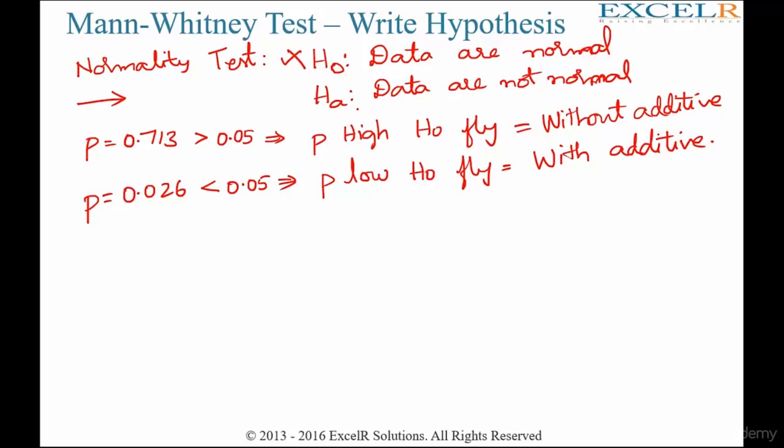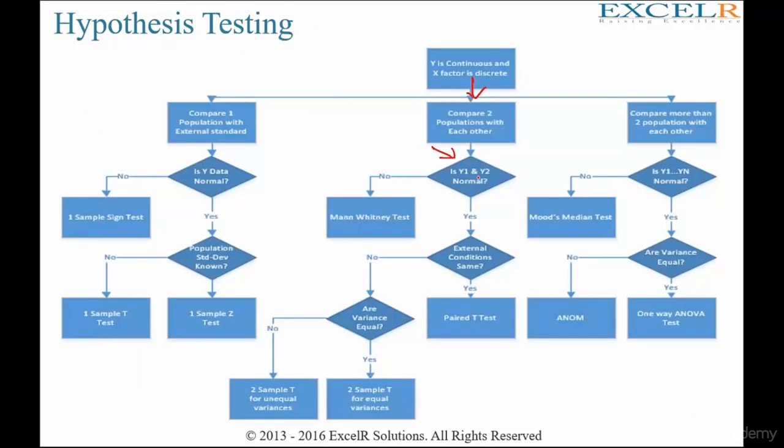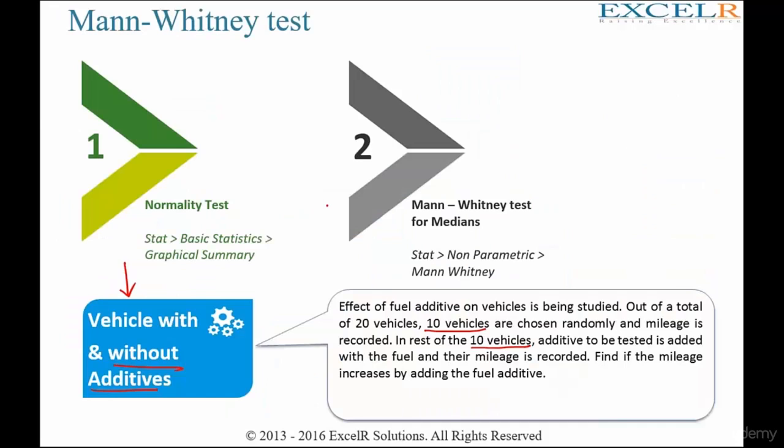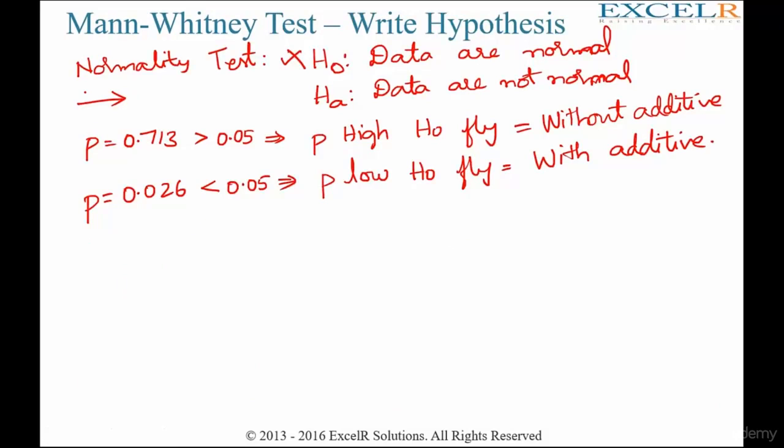If that is the case, then look at the flow chart. If data are not normal, we need to proceed with the Mann-Whitney test. That is what is given. Step 1 is check for normality. If the data are not normal, proceed with the Mann-Whitney test for medians. So let us also write this. This is the first one.